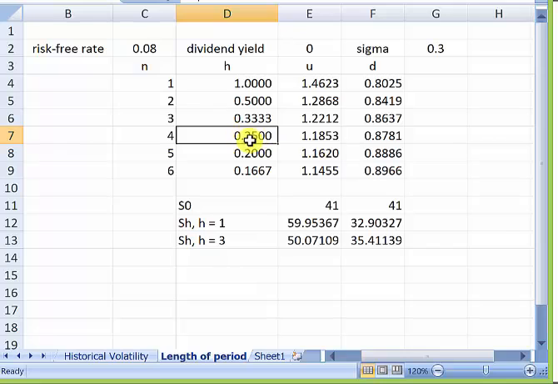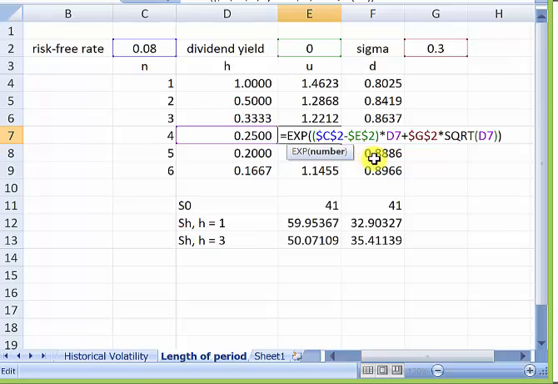If I chop my whole period into 4 subperiods, then the up proportion: what happens is the risk-free rate minus the zero dividend yield, at D7 here, the length of the period, grows at the length of the period, and then it's the same standard deviation, the brown number 30%, times the square root of the length of the period.